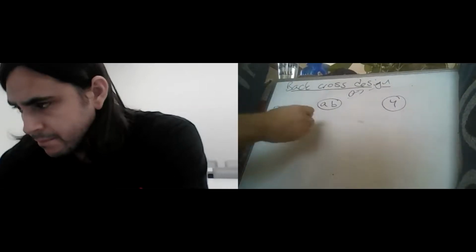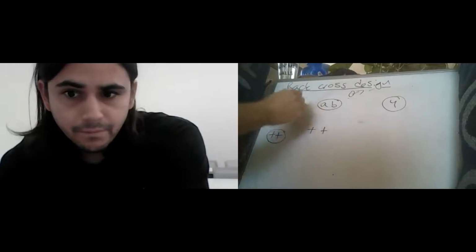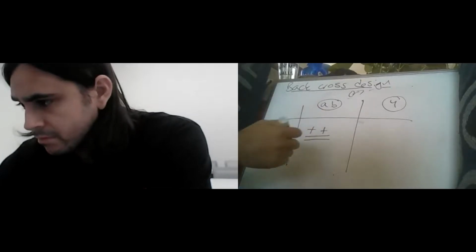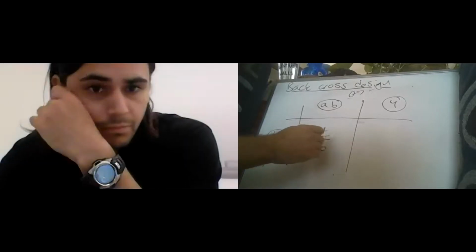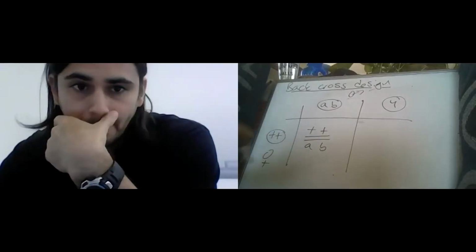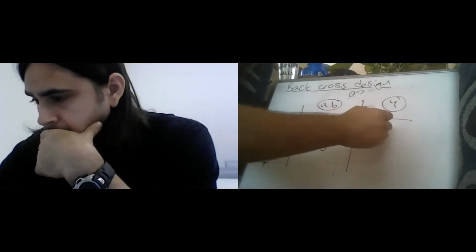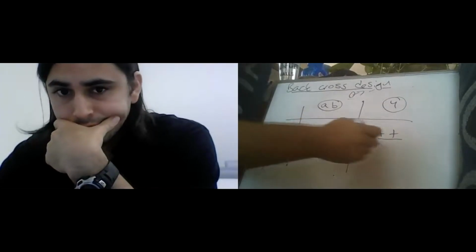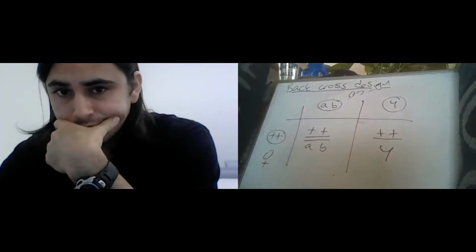So put this together. You will get our wild type chromosome from the female, our mutant chromosome from the male, or you will get our wild type chromosome from the female and a Y chromosome from the male.